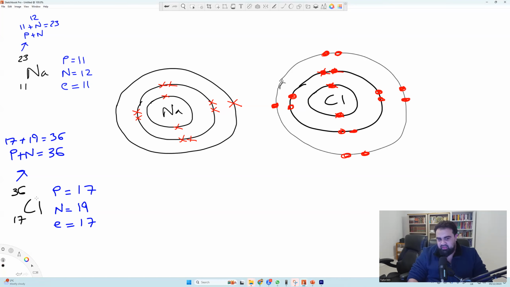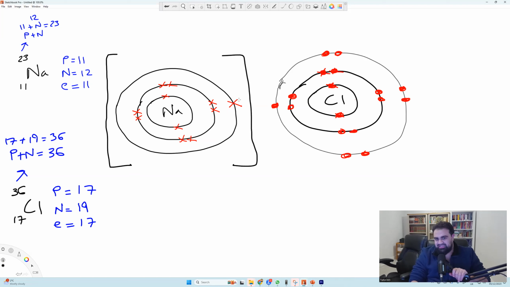Now, what's going to happen is when these two elements bond, sodium being the metal, chlorine being the non-metal, the metal always gives away an electron. So this electron is going to go here. And so sodium gets rid of that electron and loses its outermost shell. Now its outermost shell is full, so it's happy.